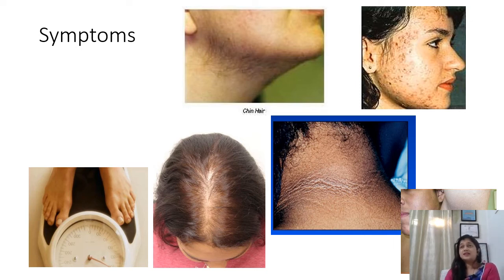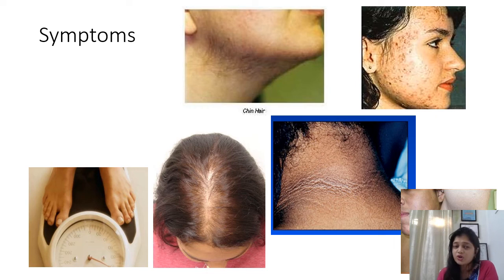Okay, a 16-year-old may present with severe acne and hirsutism. A woman of 24 to 26 may come with the complaints of infertility. And if you go for women more than 35 to 40 years, will present with onset of diabetes or hypertension. So the symptoms are directly related to the age of the woman.